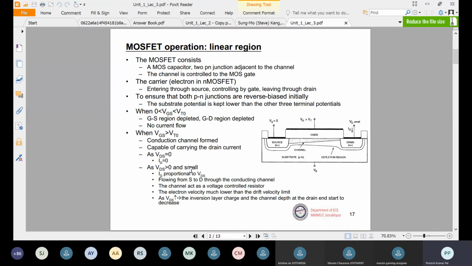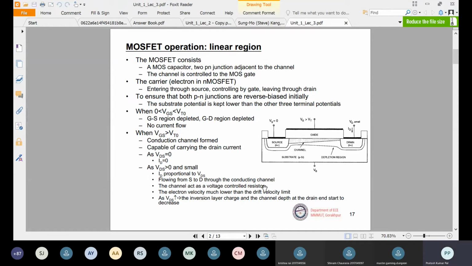So in this region, where the gate has a voltage higher than the threshold voltage and we are gradually increasing the drain voltage, we will plot the current versus voltage. We will see the channel region behaving as a voltage controlled resistor.